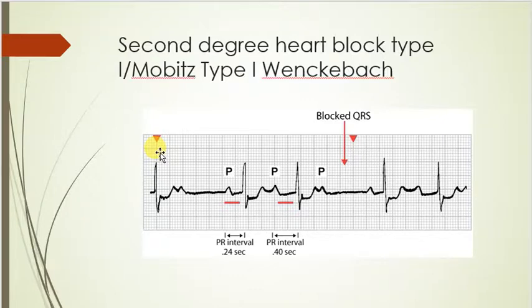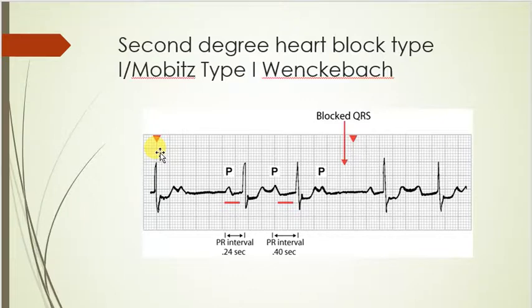But if the patient becomes medically unstable with this type of block, we're going to be looking at putting in a pacemaker. We'll start with the transcutaneous or transvenous pacer, until a permanent pacemaker is placed.